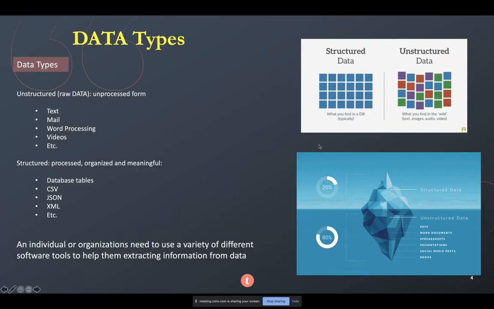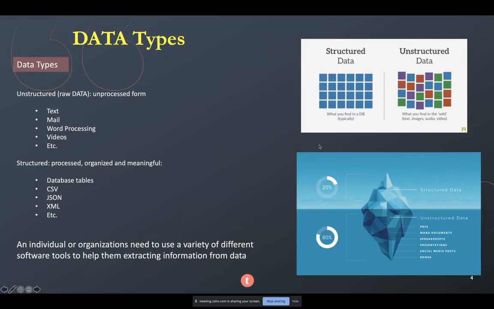It can be text, mail, Word documents, videos, audios, etc. We also have what we define as structured data, which is data that has already been processed somehow. It can be database tables, or formats that I'm sure you know very well, such as CSV, JSON, XML files, so hierarchical and non-hierarchical formats, and so on and so forth.